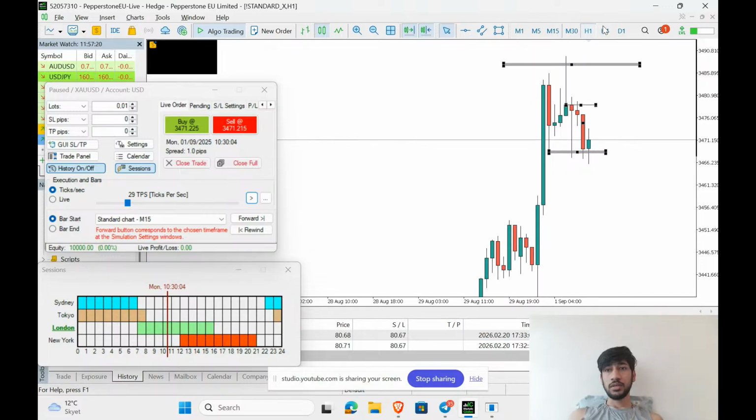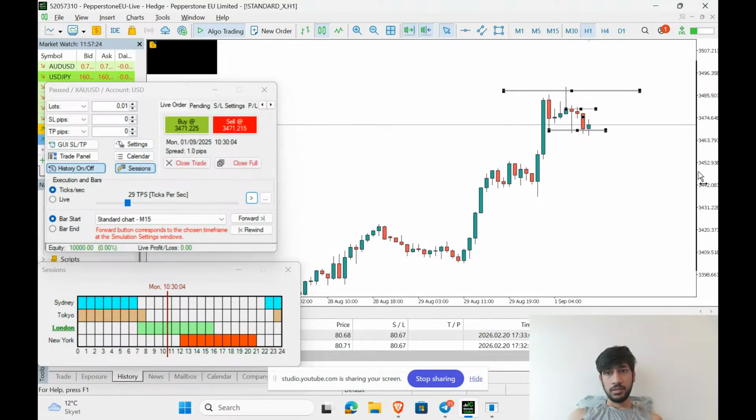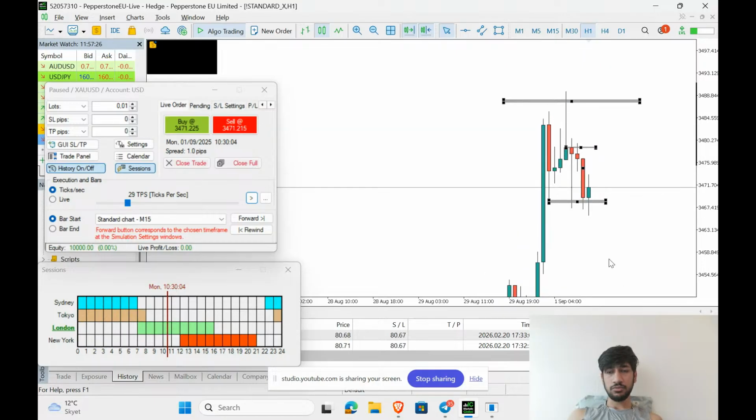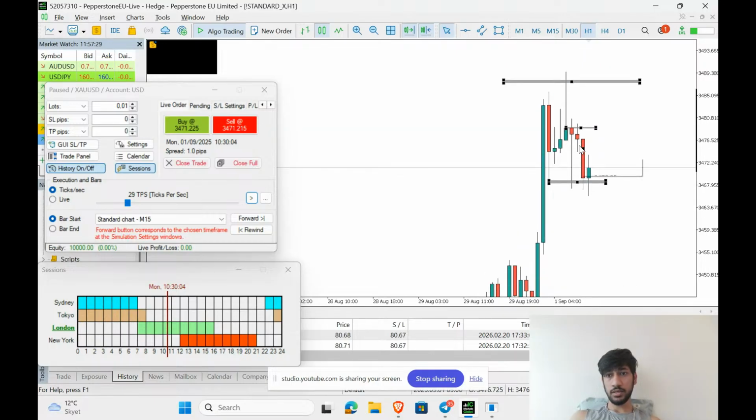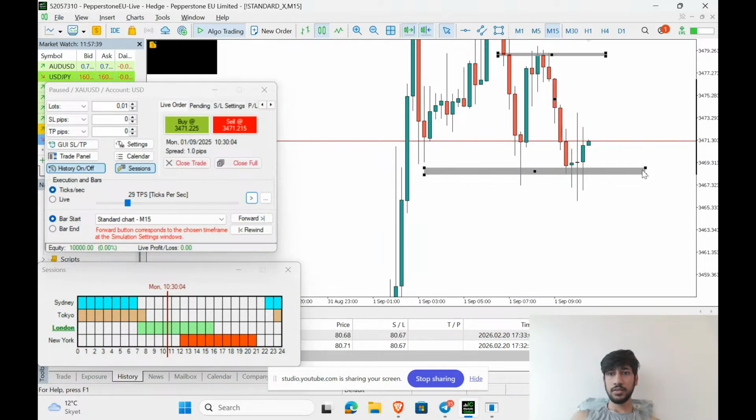So look, H4 we formed some sort of doji, but H1, what is the situation? H1 we formed bullish, we formed bearish. We are moving up. M30 we formed bullish, and this candle is bigger than this, despite we have wicks. M15 we formed bearish, and we formed support.